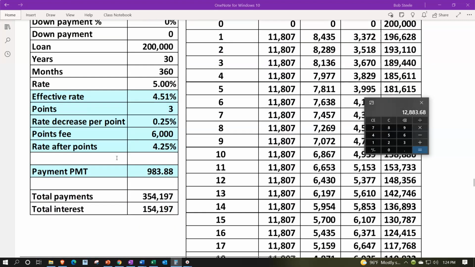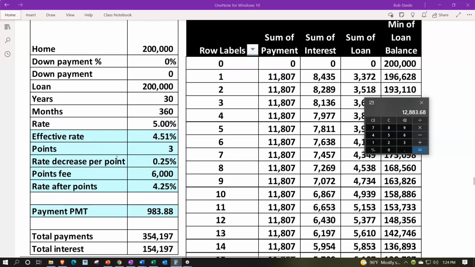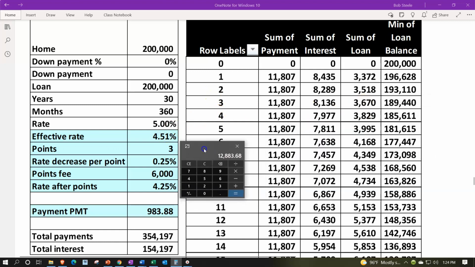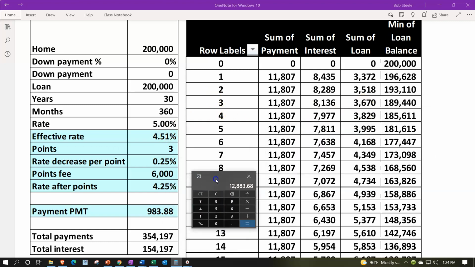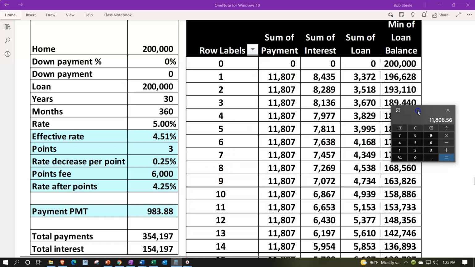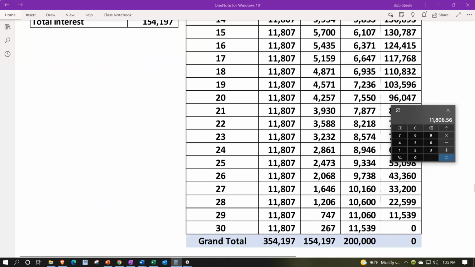Now, if we did this and added the points, let's do the same thing with the points. Refreshing the pivot table, we've added the points now, which pays down the rate to the 4.25. We have the same starting point of the 200,000 on the loan. The payment amount is now 983.88 per month. If I take that 983.88 times 12, we get to the 11,807 on a yearly basis for 30 years that are being paid.